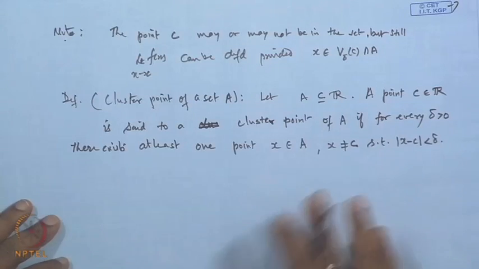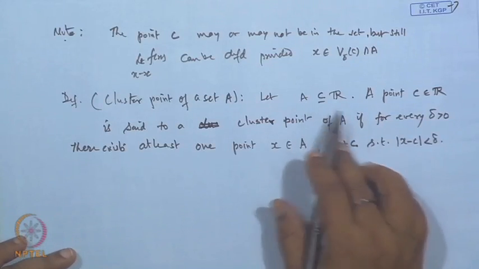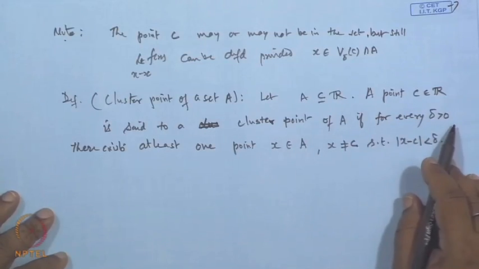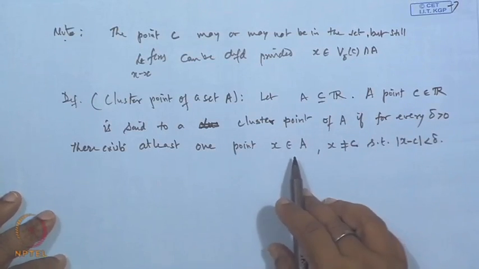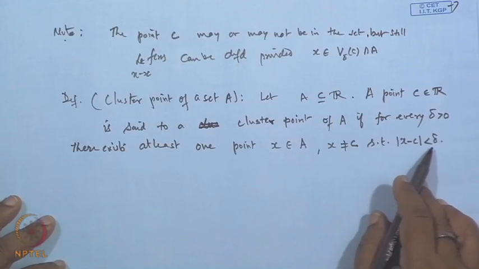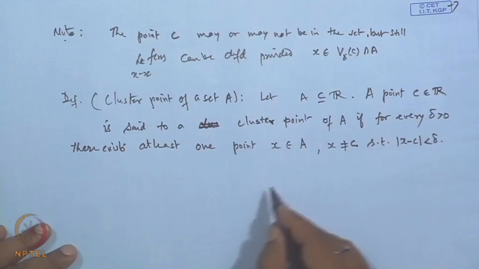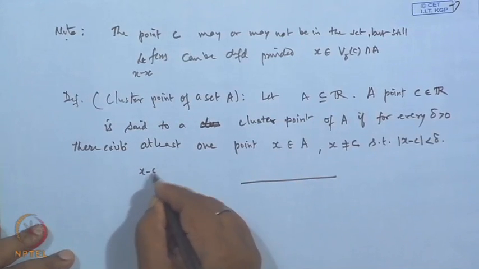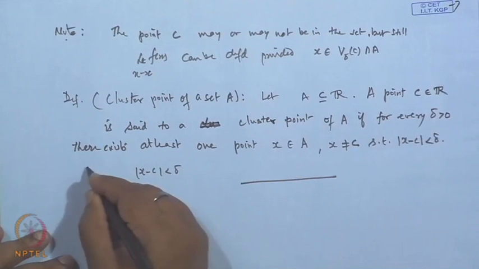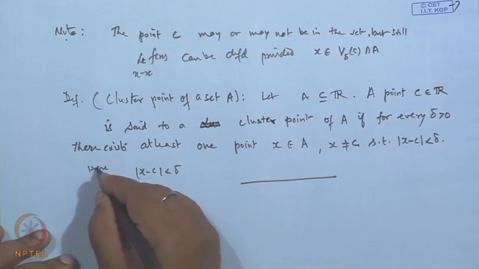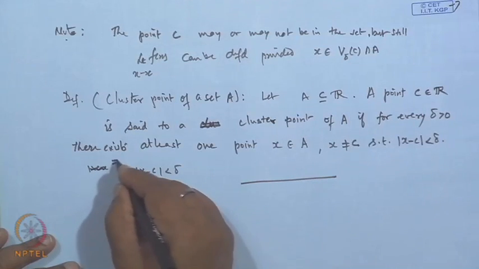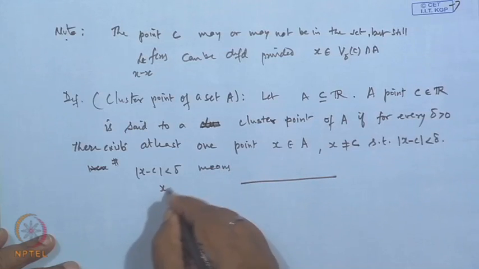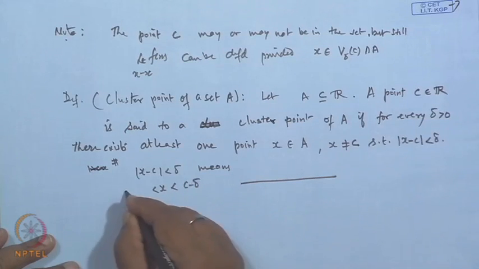What this means is that a point c is called a cluster point of a set A if for every delta greater than 0, there exists at least one point x such that the modulus of x minus c is less than delta. This obviously means that x lies between c minus delta and c plus delta.